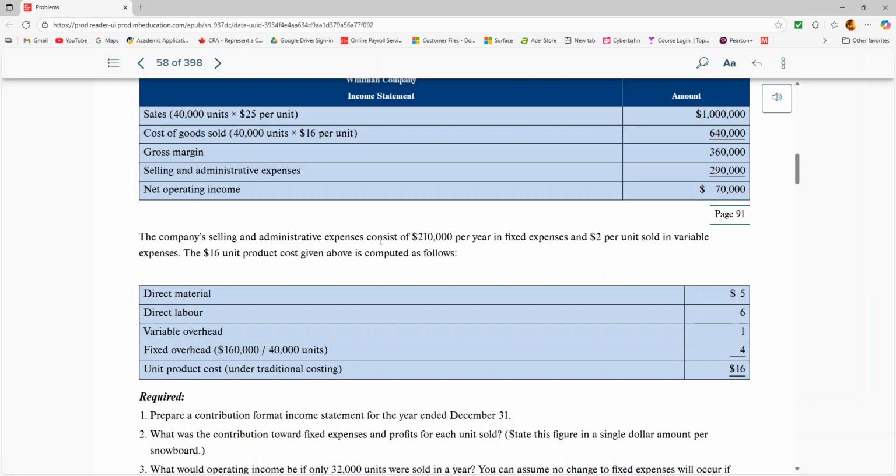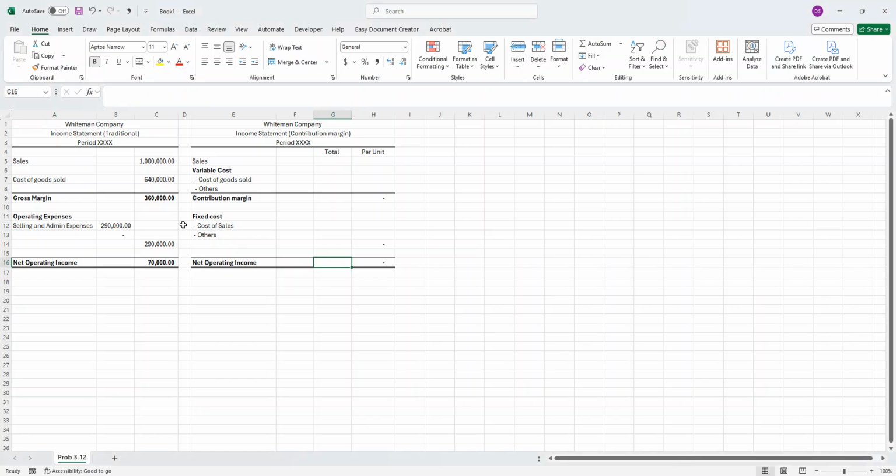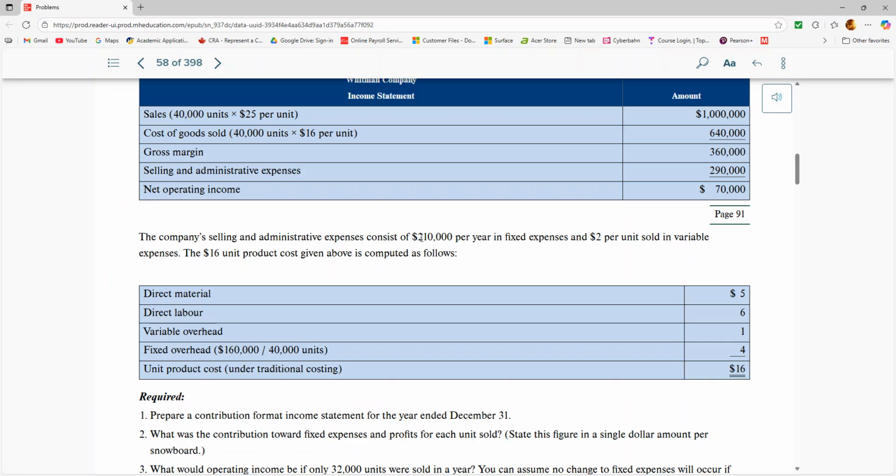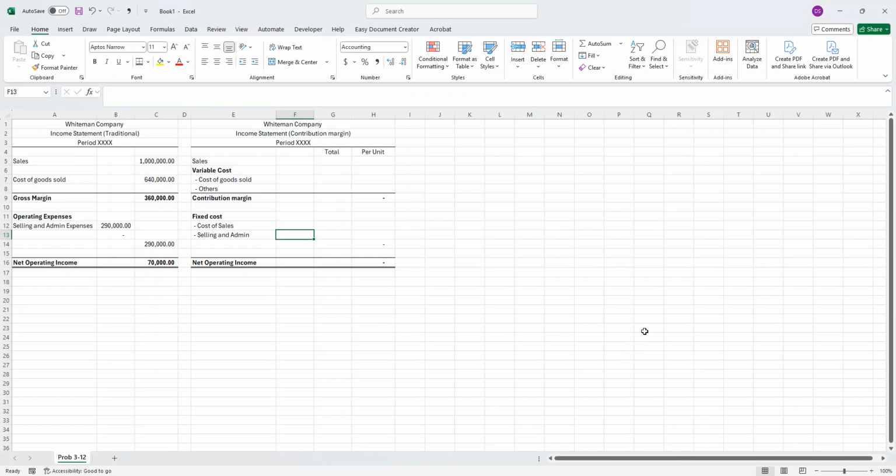So what I'm going to do is, any information they are giving me, I'm going to take that information and put it here. So instead of others, I'm going to call them selling and admin. So they're telling me my selling and admin fixed is 210,000.